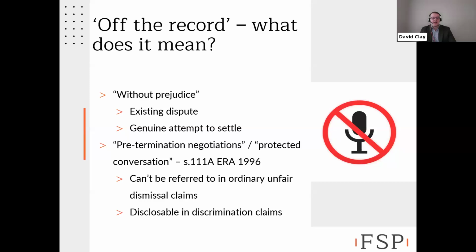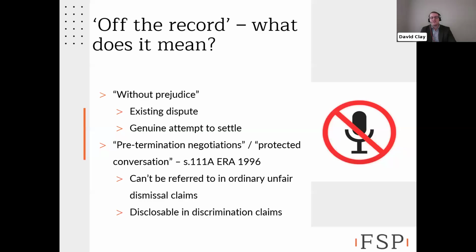In contrast, pre-termination negotiations, sometimes known as protected conversations under the Employment Rights Act, were developed as a response to the limitations of the without prejudice rule. As I say, the without prejudice rule is limited to where there's existing disputes, but there's often a bit of a grey area as to whether there is a dispute or not, unless you've got proceedings that have actually been issued.